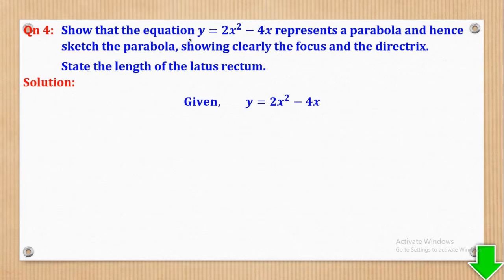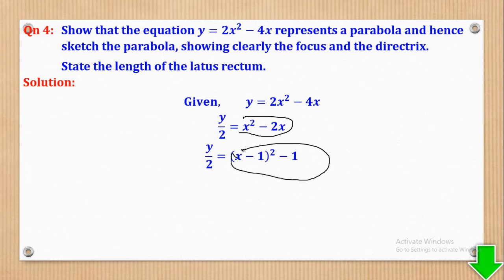So here it means that you have to complete squares. When I complete squares, I'll divide throughout by 2. The reason why I divide throughout by 2 is to make the coefficient of x squared +1. Then after that, I can now complete squares. I believe by now you know how to complete squares.